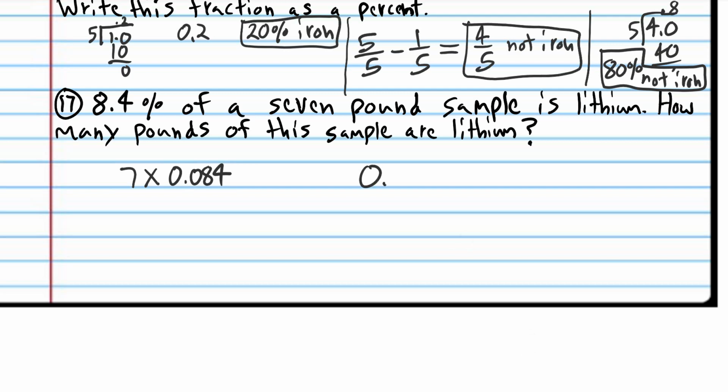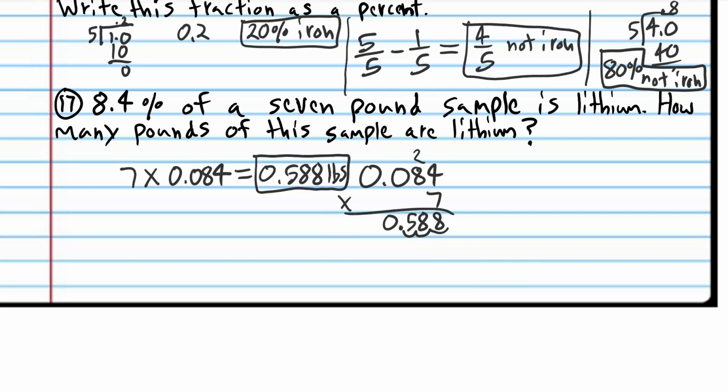So we're going to go ahead and do that over here. And the decimal goes 1, 2, 3 places. So we have 0.588. And we need pounds. So 0.588 pounds lithium.